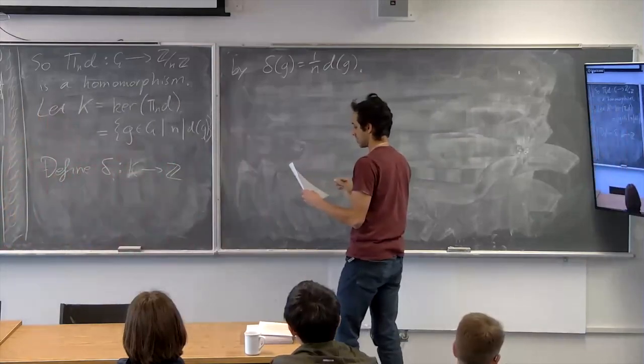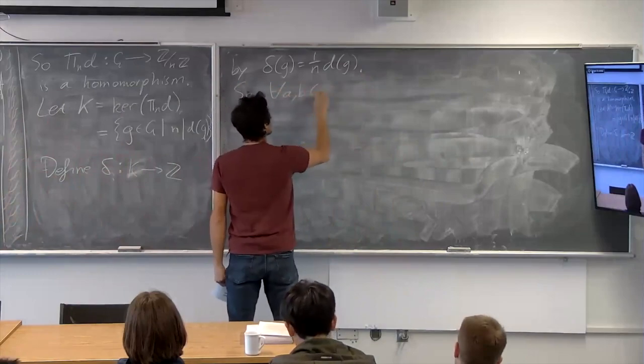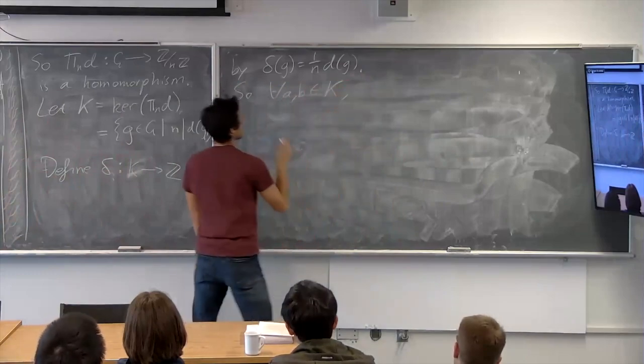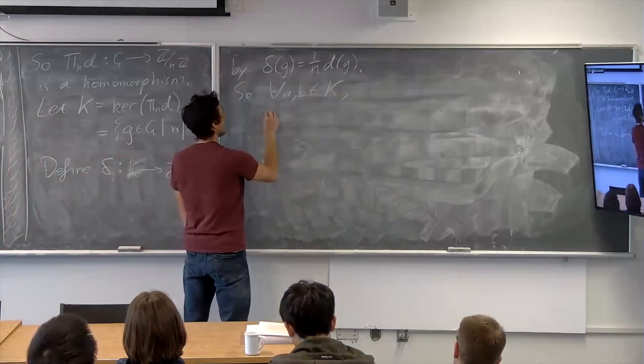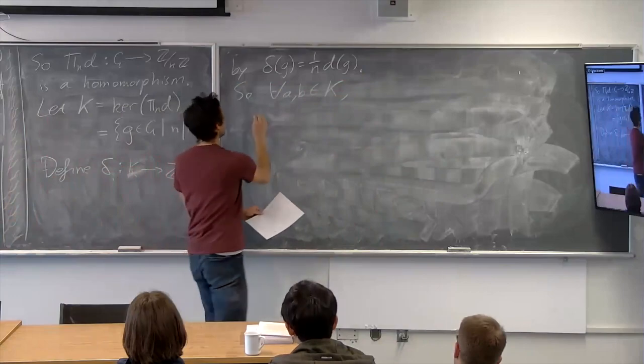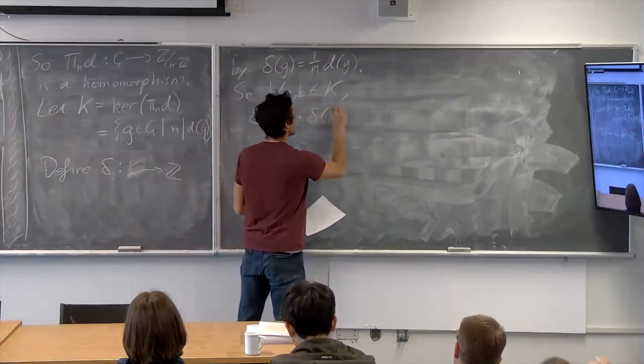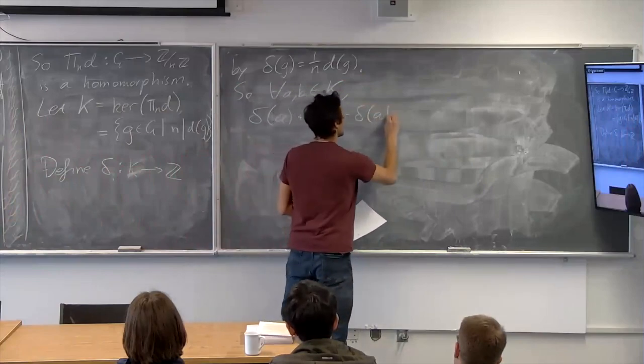For all A and B in K, let's start from delta A plus delta B minus delta AB.